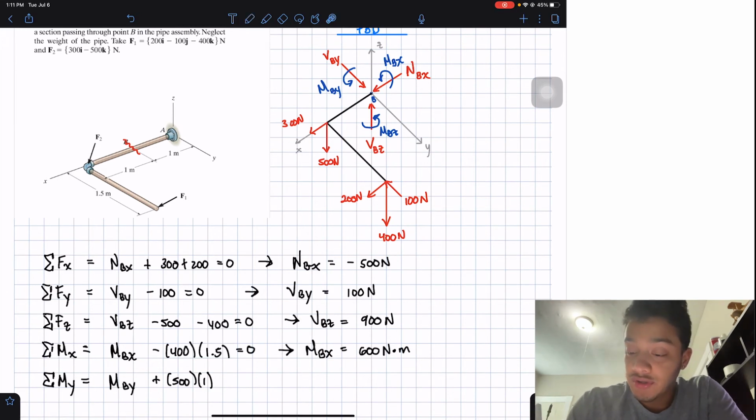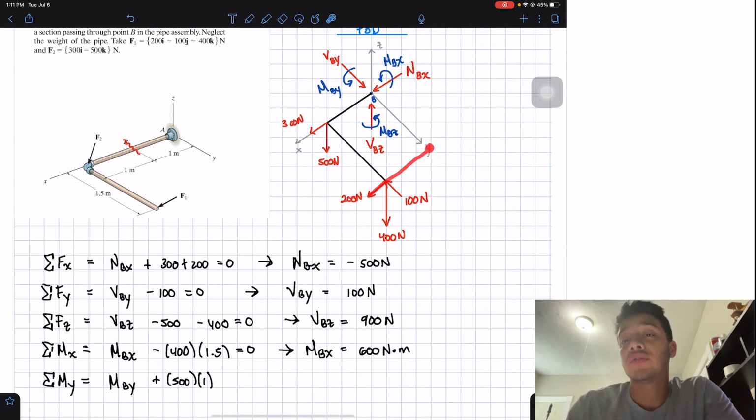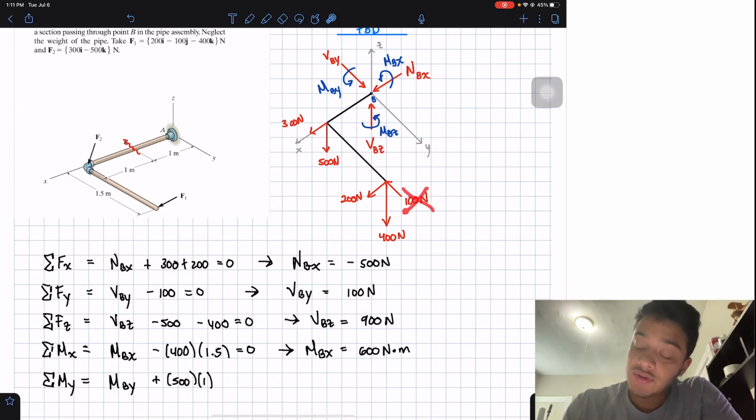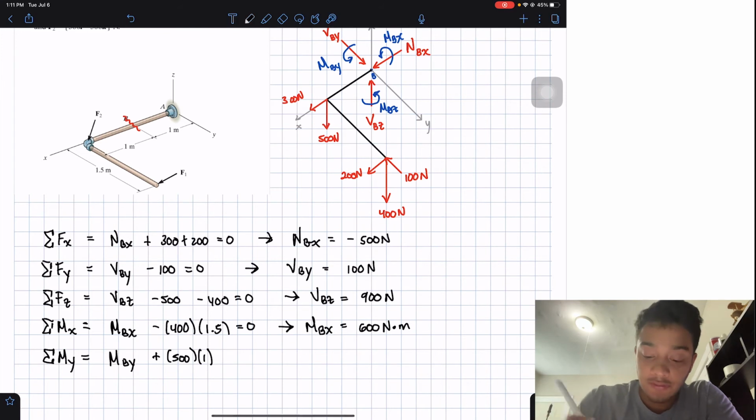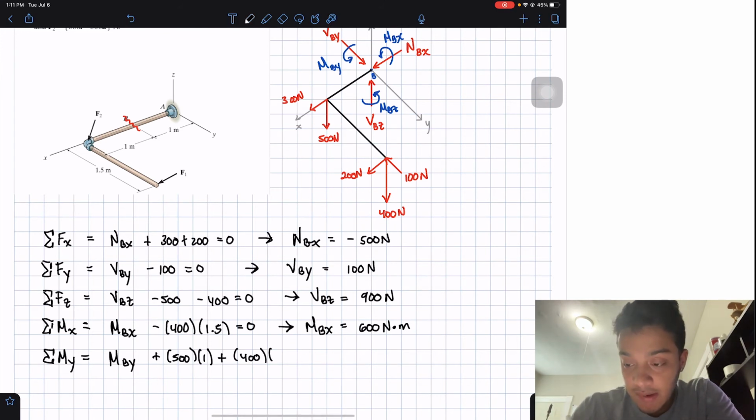Okay, next force is this 200. I don't care about it. Why? Because this also doesn't have a distance with respect to my y-axis. Then I have these 100 newtons. I don't care because they are in the y-axis, the same direction. So the remaining one is this 400 newtons, and it's going down in the same direction as that 500 newtons. Therefore, they're positive 400 multiplied by the distance.